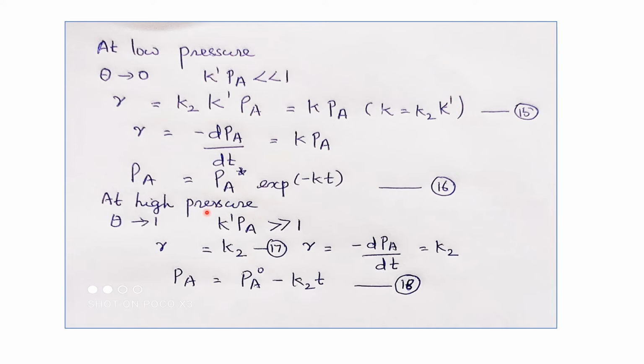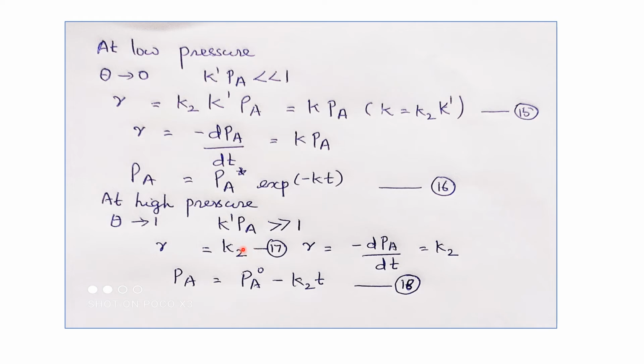At high pressure, when the reactant is strongly adsorbed on the surface, theta tends to 1 and K dash into PA is found to be very much greater than 1, so that R equal to K2.